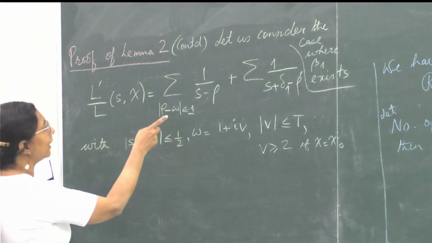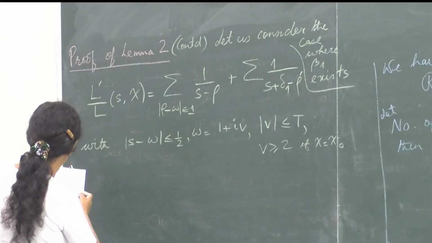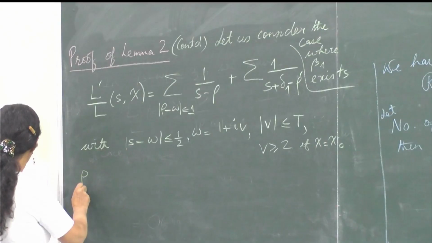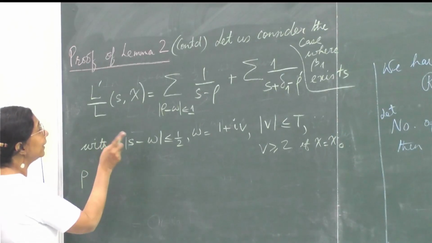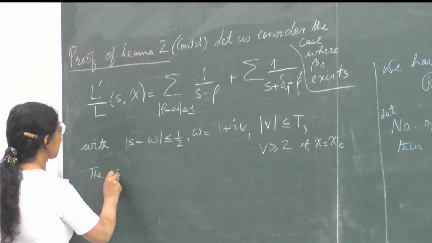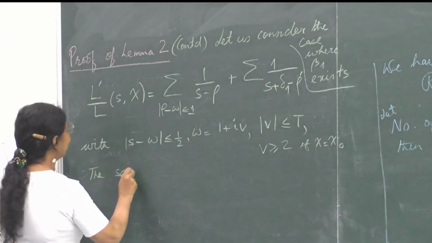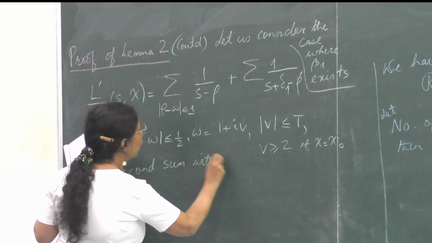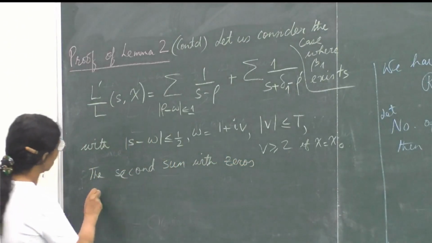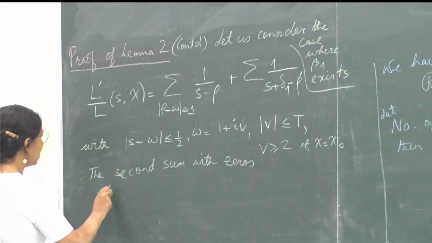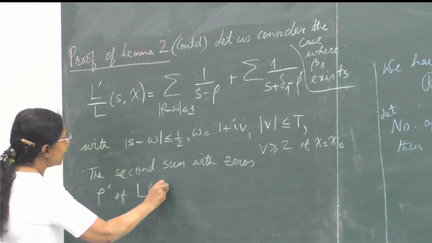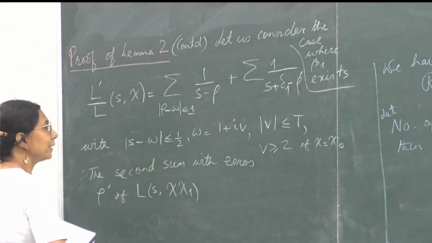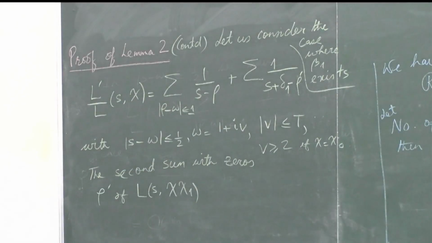And the second one, these are the zeros. And rho prime, the second sum, two sums, so that's the second sum, with zeros rho prime of L of S, chi chi 1, that's the one here.